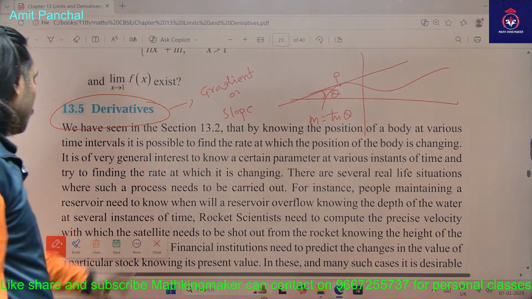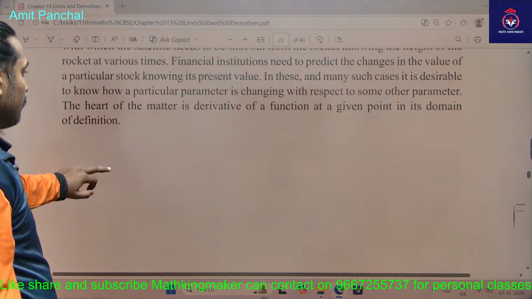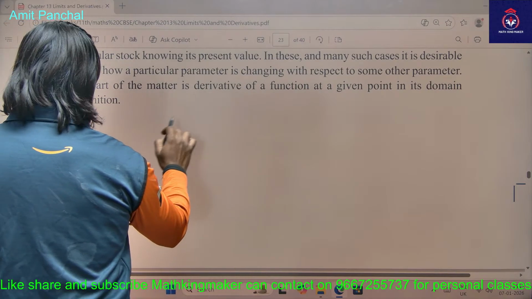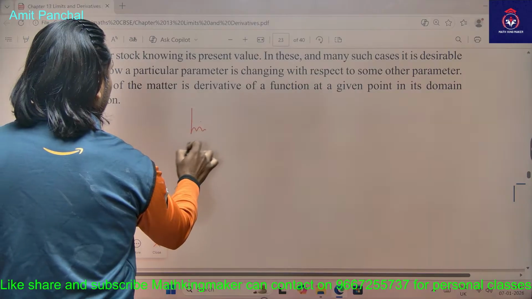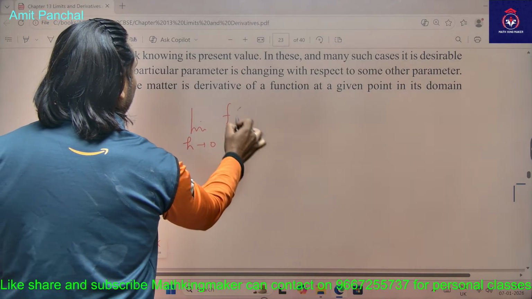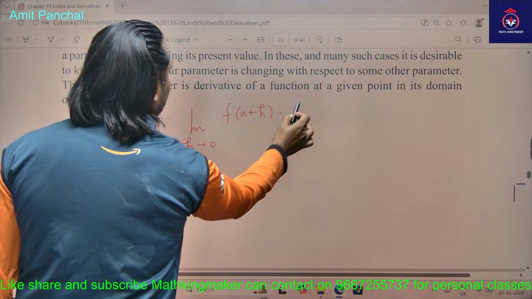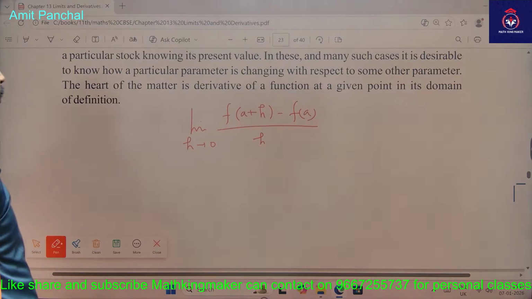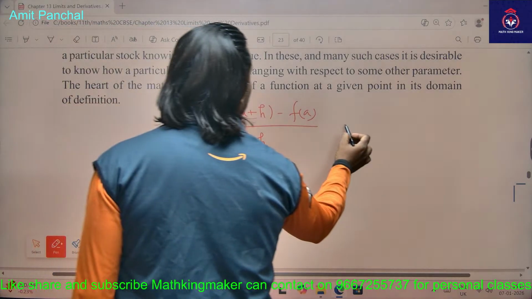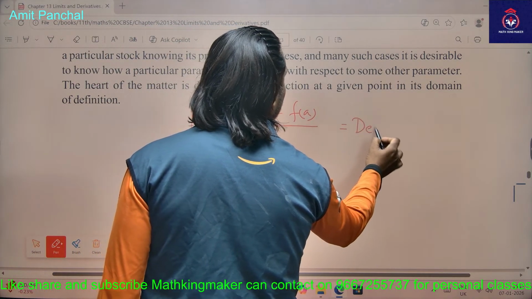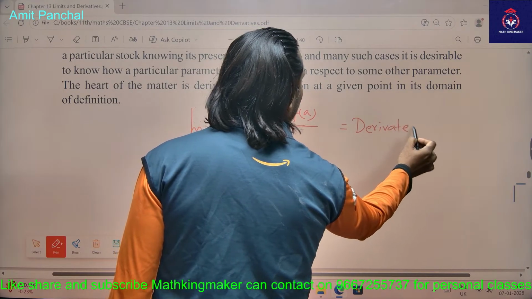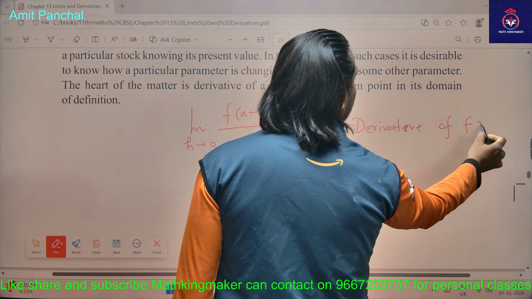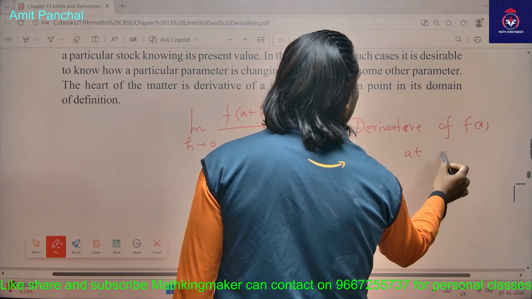So in terms of its definition, if you define your gradient in terms of limit, limit h tends to 0, f(a plus h) minus f(a) divided by h. That is called the derivative of f(x) at a.